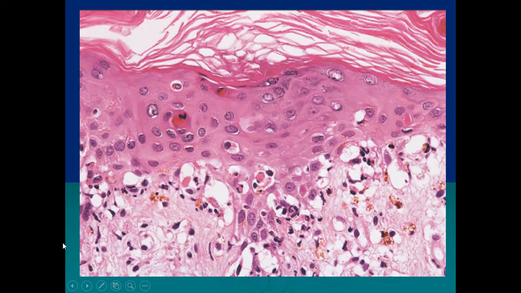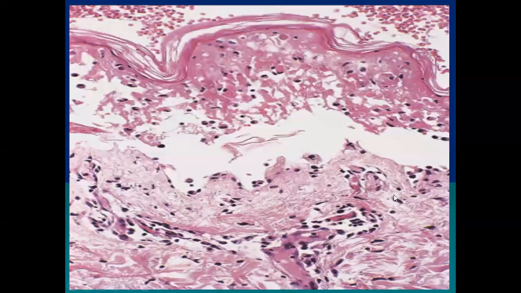There is no inflammatory infiltrate in the dermis, no infiltrate in a band-like manner. So the slide is only highlighting the basal cell degeneration and single cell necrosis. This image is a typical image of erythema multiforme.